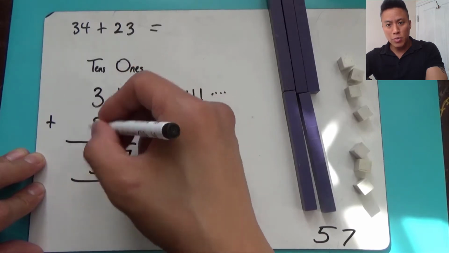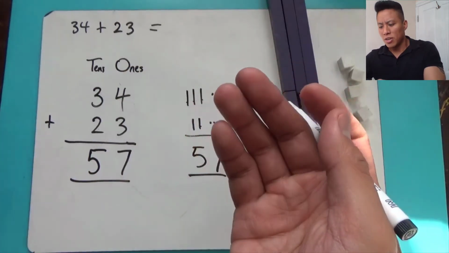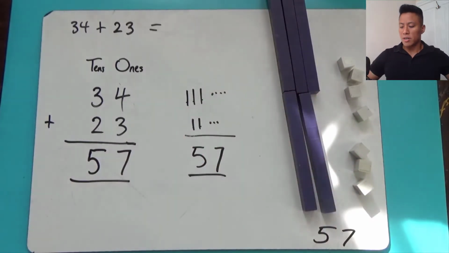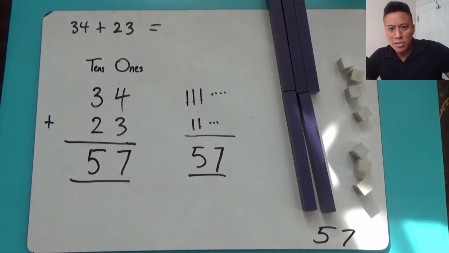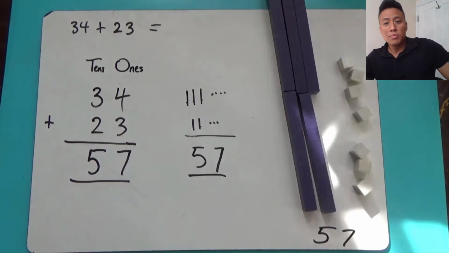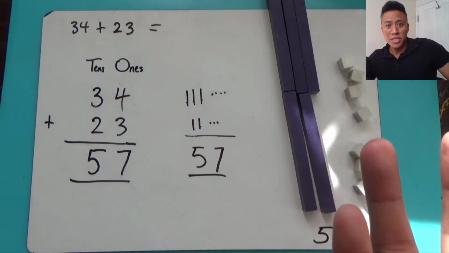So be very aware that when you say 3 plus 2, you're actually saying 3 tens plus 2 tens. There's your answer, 57. And that's how you use the column method when the ones don't produce a 2-digit number. It doesn't cross the tens.